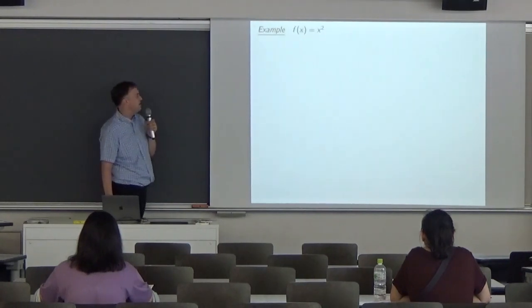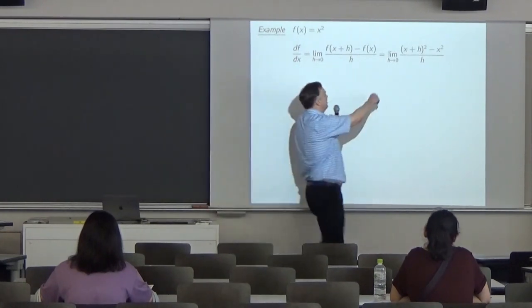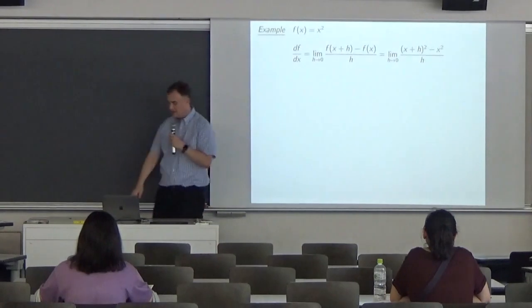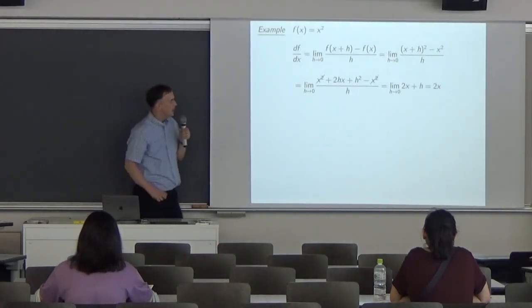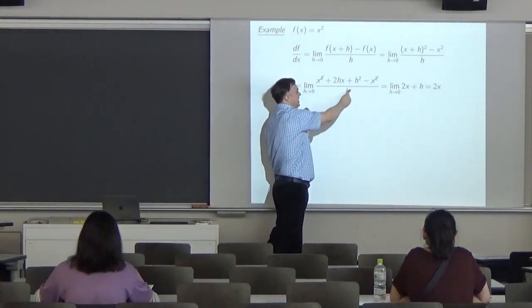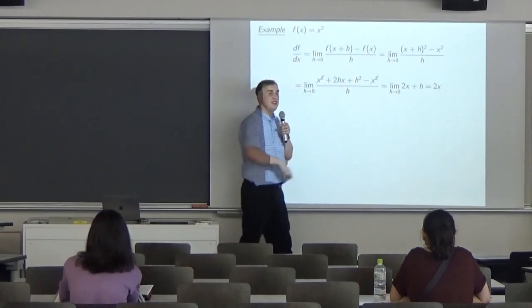So just to give a quick example, if my function was x squared, then df dx is that limit. Replace x by x plus h squared. Cancel out the details, work our way through. Importantly here, I can take the h on the base and cancel it out with the numerator because h never gets to 0.